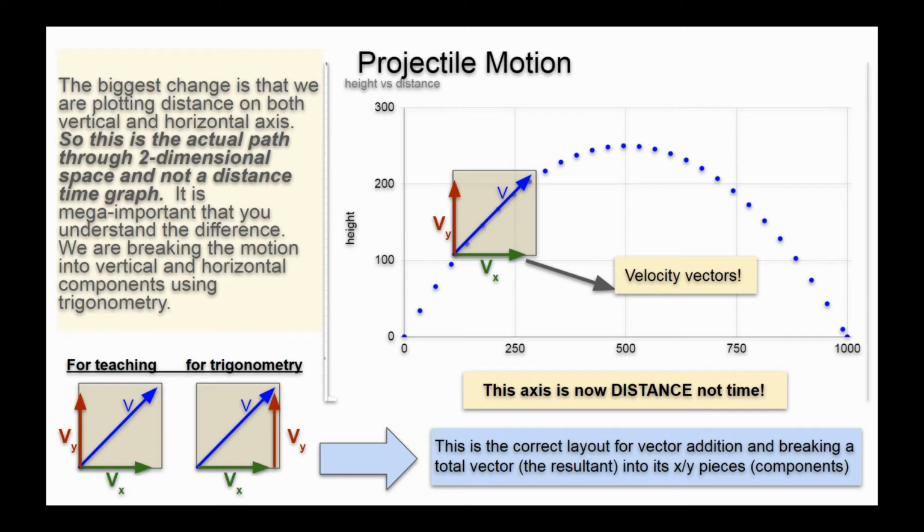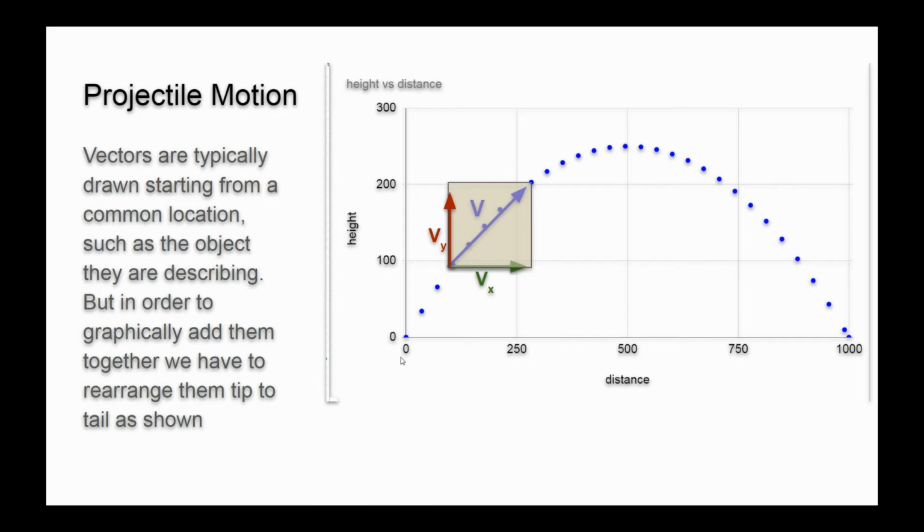Now we're going to see there's a difference between teaching vectors and breaking them down in trigonometry. Writing the speed on the x and y axis here where there's an imaginary particle that we can't see makes sense, but it doesn't help us do trig. We have to rearrange the vectors into a triangular form.